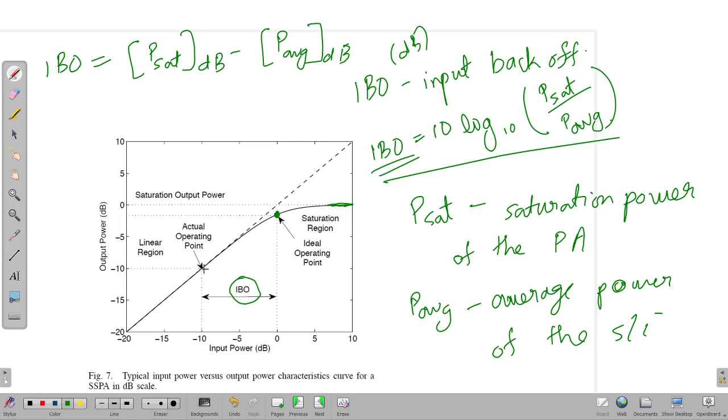Sometimes, if the power of the signal goes beyond the saturation region, the power amplifier goes into a non-linear region of operation.